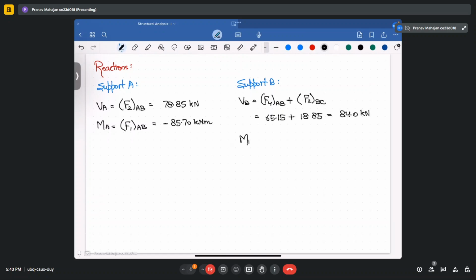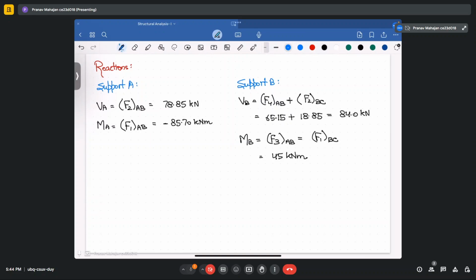And your MB will be equal to F3 of AB, and it will be same as F1 of BC, equal to 45 kilonewton meter.